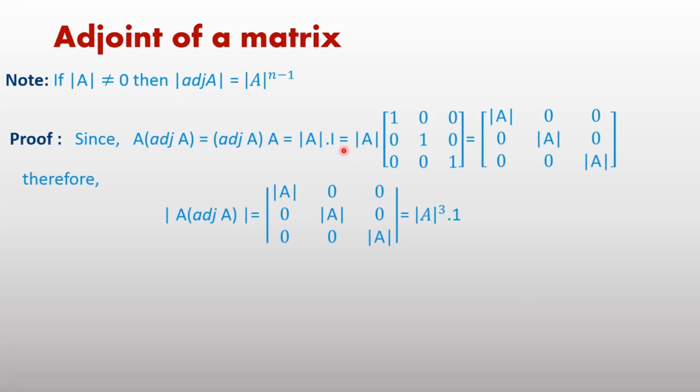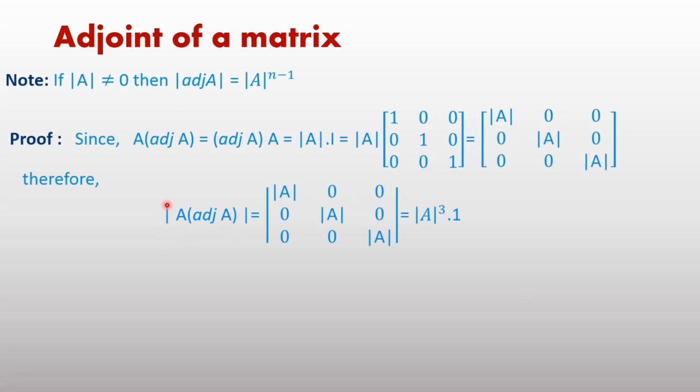So the determinant of A into I means the determinant of A into the I matrix written here. If you want to take it inside the matrix, then the determinant of A multiplies each and every element of this matrix, giving determinant of A on the diagonal and 0 elsewhere.